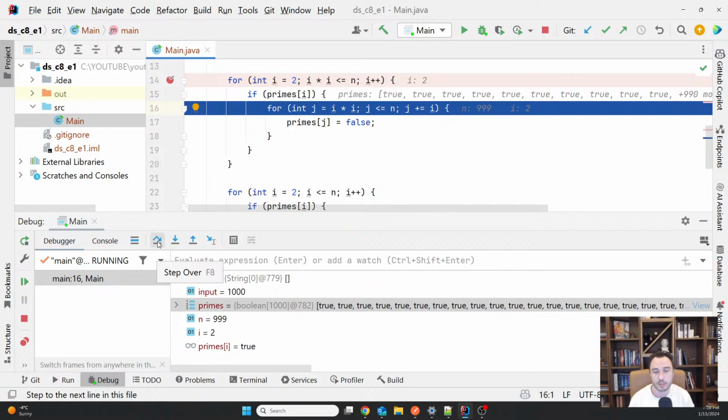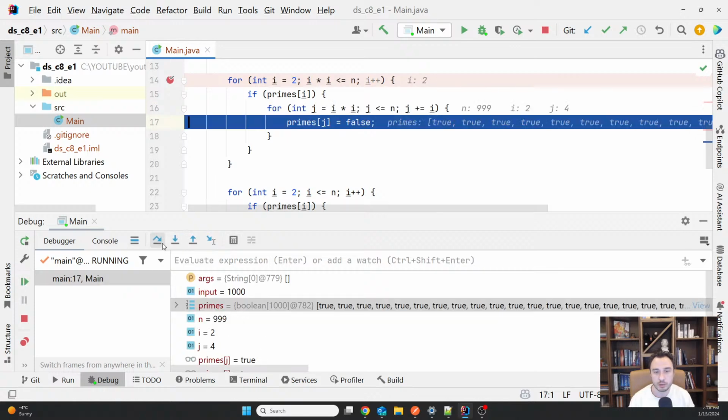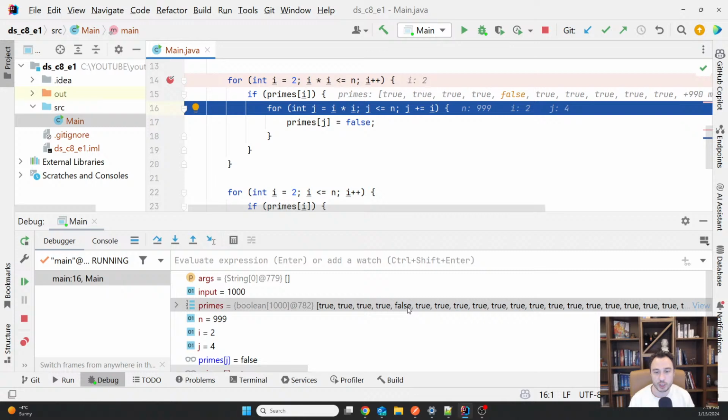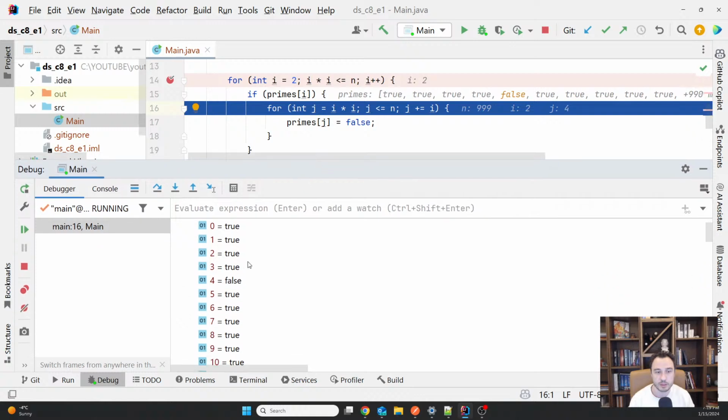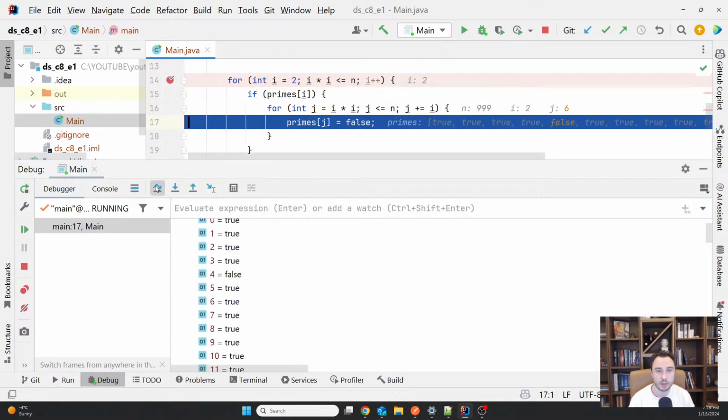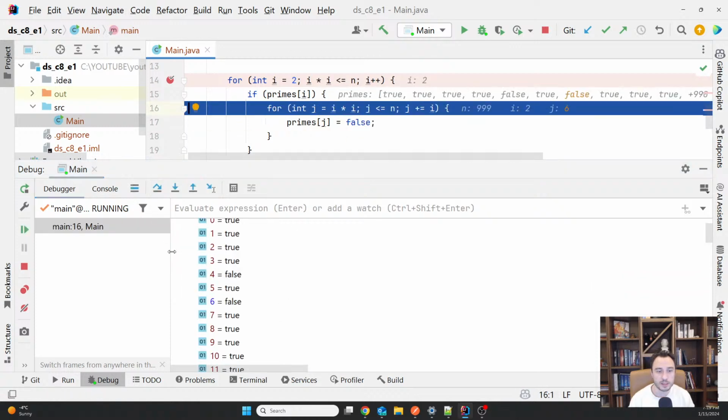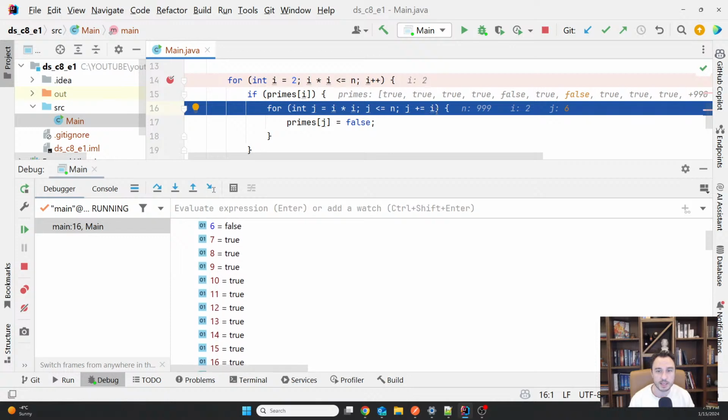So look what happens here, starting with 0, 1, 2, 3, 4. This one is the first one that will change into false. Bam, it changed into false. Now this was representing the number 4. Maybe it's better if we see them like this, because you see 4 became non-prime, and then if you go a little bit further, 6 will be the next one, 8, then 10, then 12, because now it's adding 2.